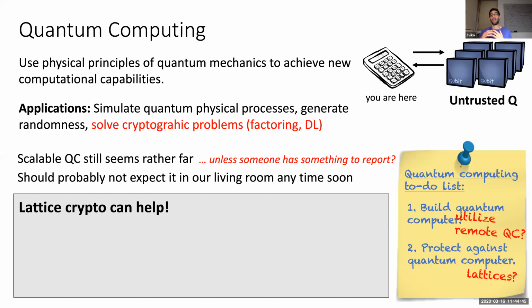So this brings about a bunch of questions, and it turns out that lattice cryptography can actually be helpful in approaching a number of these aspects that come up in this setting.